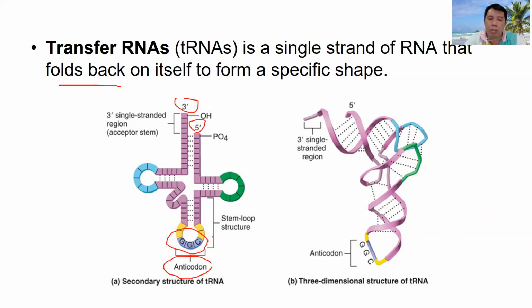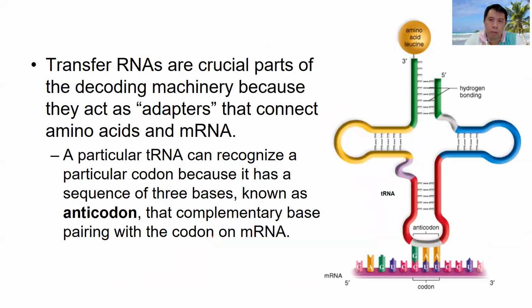What is the relationship between anticodon and codon? Here is the anticodon. It is complementary base paired with the codon on the mRNA. You see, the mRNA here is CUU, so that means the anticodon on the tRNA is GAA. So the transfer RNAs are a crucial part of the decoding machinery because they act as adapters.